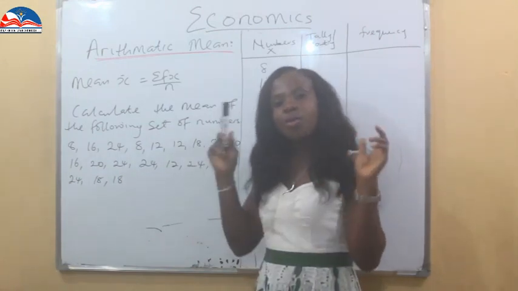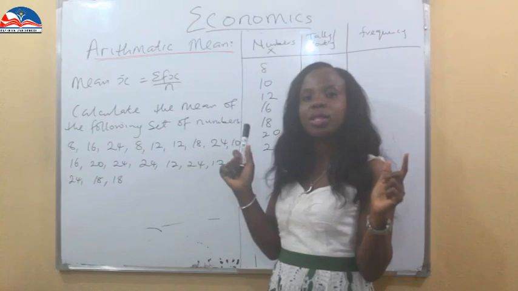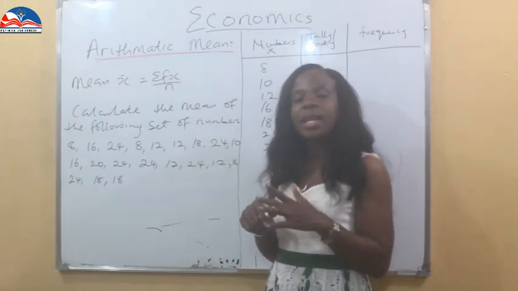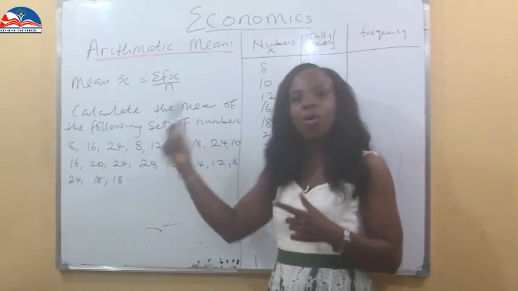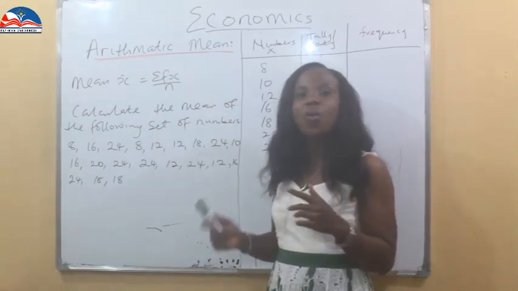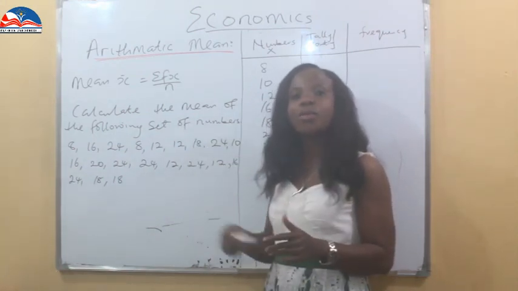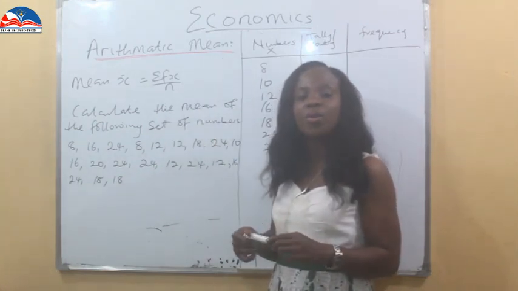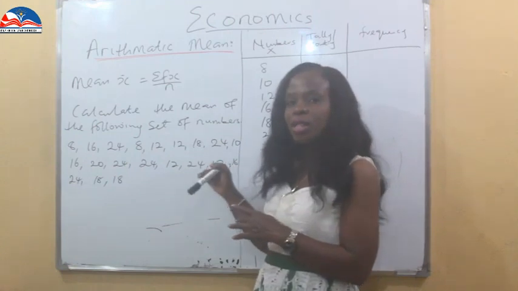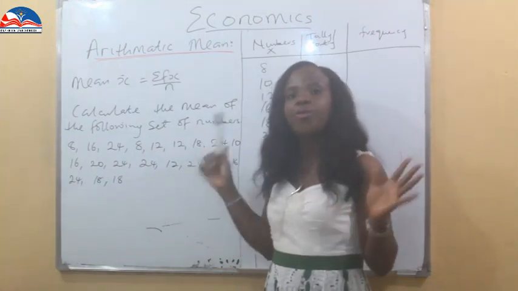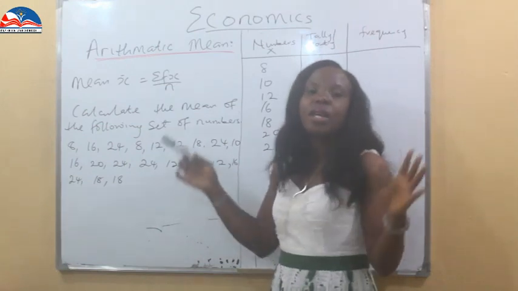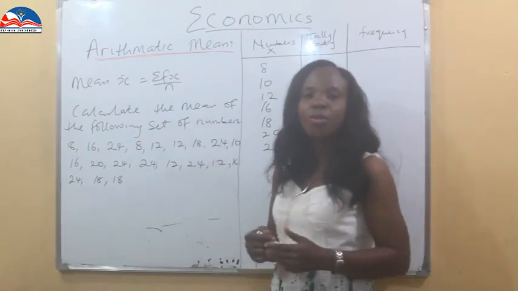Then come out. If you remember our frequency distribution table, it has its own columns: the number, the tally, the counting, and the frequency with which they occur. That is where we'll carry our frequency distribution table that we had a class on in our last economics class. We'll bring in the knowledge here. So we are going to do a frequency distribution table for this because we are dealing with a larger number of scores.